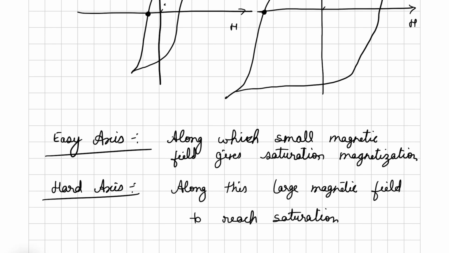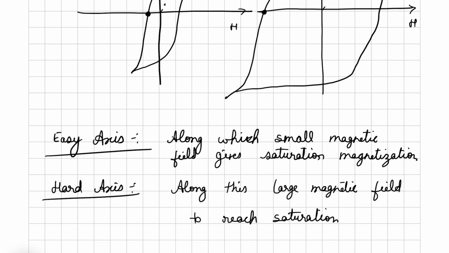Now I just want you to know there's something called magnetic anisotropy also. As I said, magnetic anisotropy means the magnetic properties are dependent on the crystallographic direction, meaning whether it's the easy axis or hard axis.